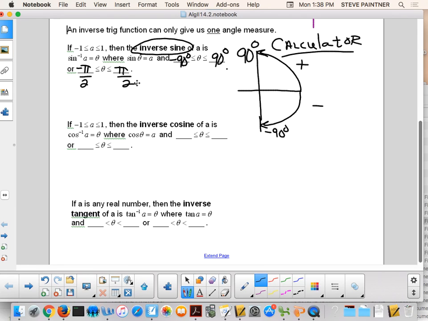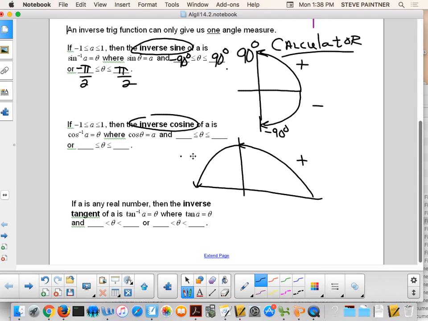That's all I'm doing. So what does your calculator do for inverse cosine? All positive answers here, from 0 to 90. Agree? All negative ratios get these angles. So what quadrants am I in for cosine? All your answers will be in the first quadrant or second. From 0 degrees to what?